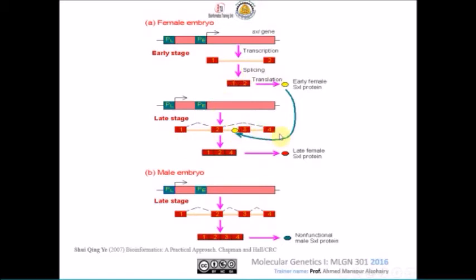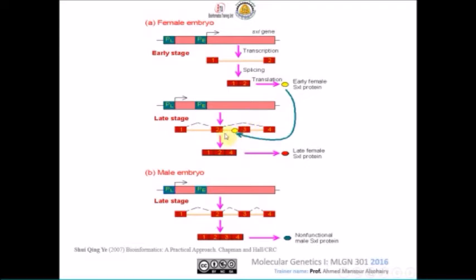Okay, what happened is that the early female protein, which already exists from the early stage, will mask the signal of the third exon. So in this case, the cutting enzyme, the spliceosome, will skip the removal of this intron.